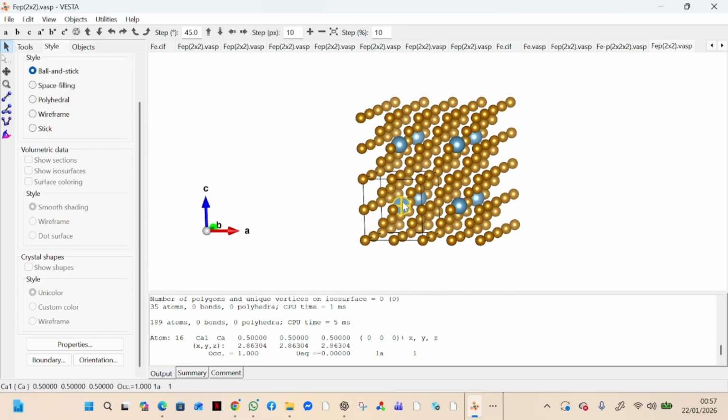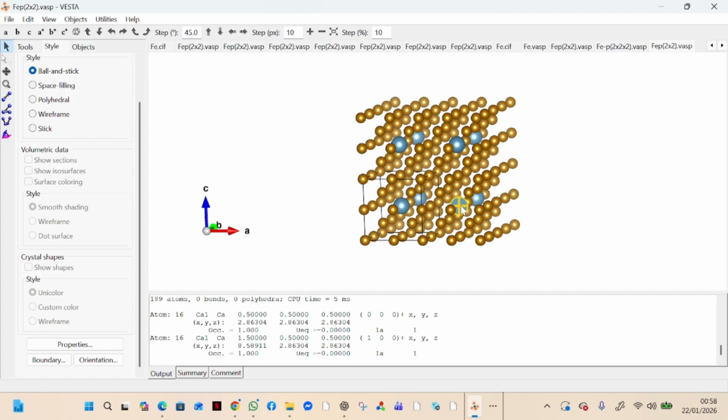So this 0.5, 0.5, and this is 2.8, 2.8, 2.8, and then 8. So that's about 6 angstroms apart, right?